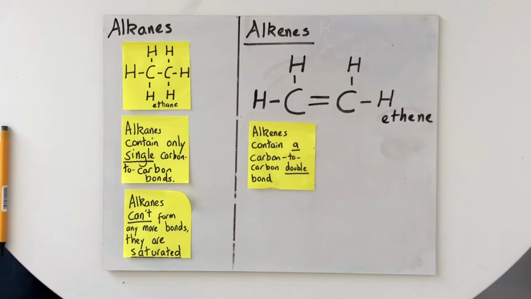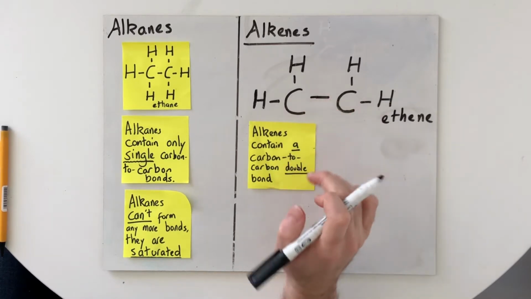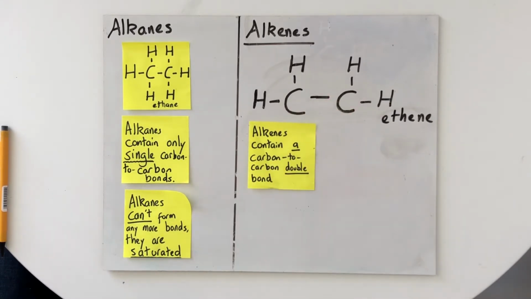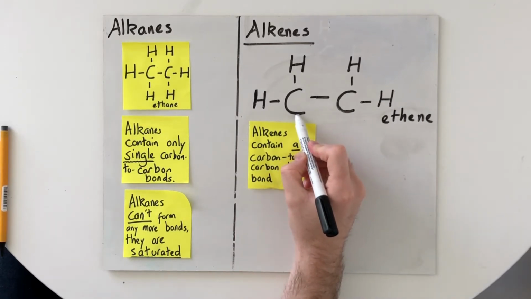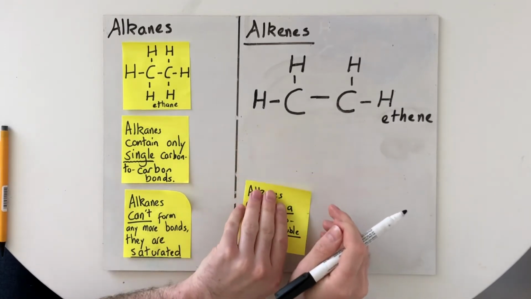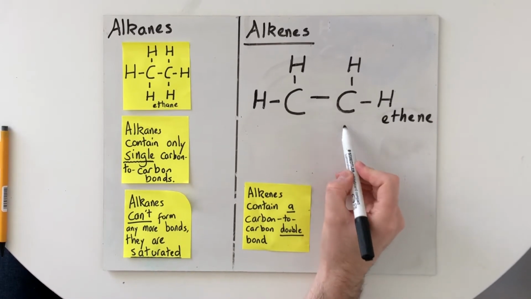What this means is that alkenes are actually able to form more bonds with a new atom in a reaction, let's say. As the double bond breaks, this frees up space in the molecule to form new bonds. Specifically for this carbon here to form a new bond in this space, and this carbon here to form a new bond in this space here.